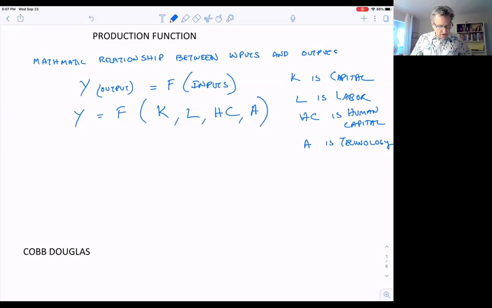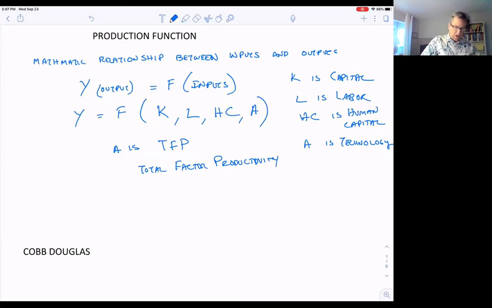A is referred to as total factor productivity, which is essentially everything else that makes workers more productive.